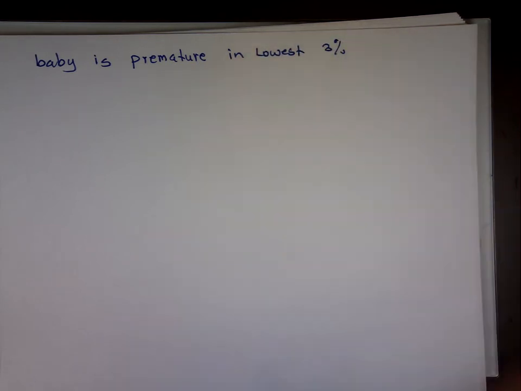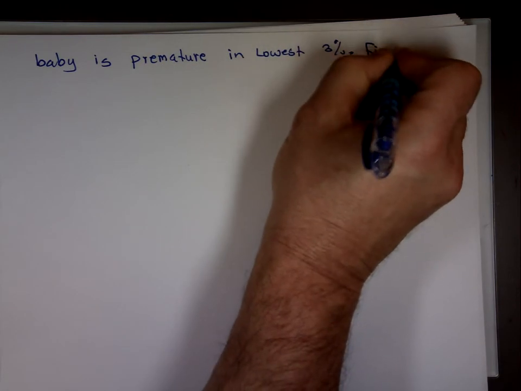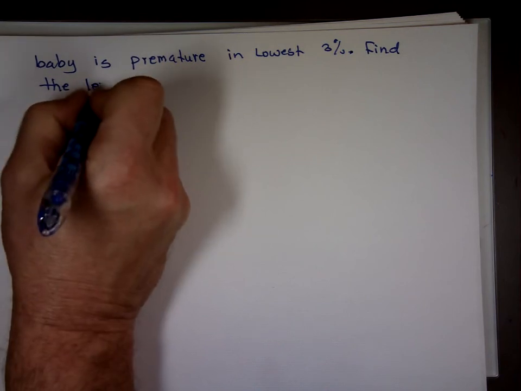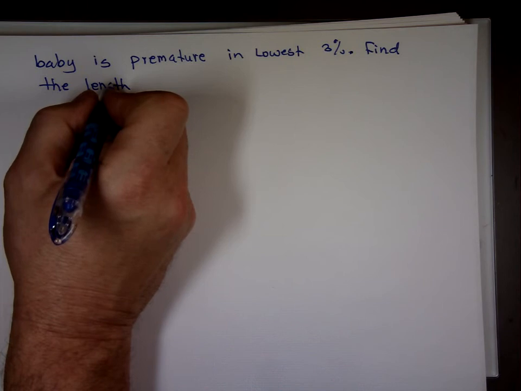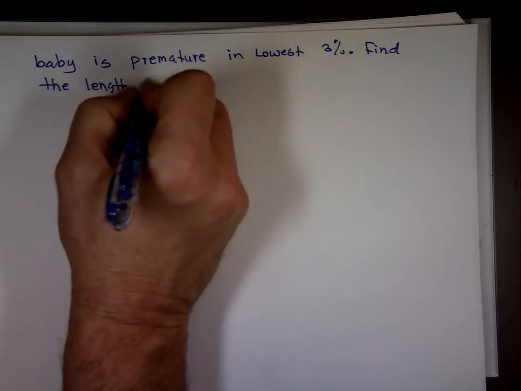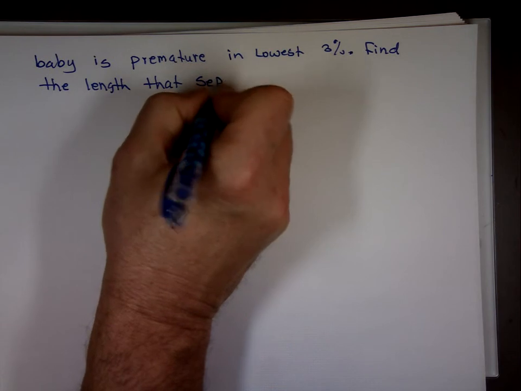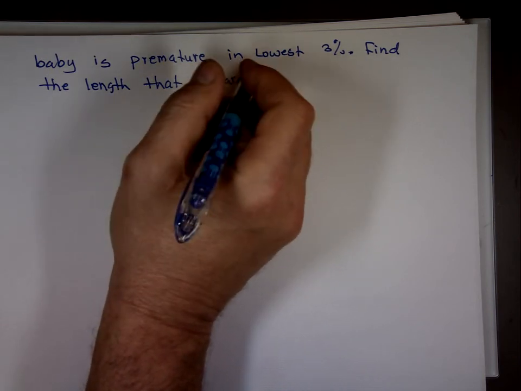Find the length, that means how many days, not how tall the baby, that separates babies from those who are not premature.